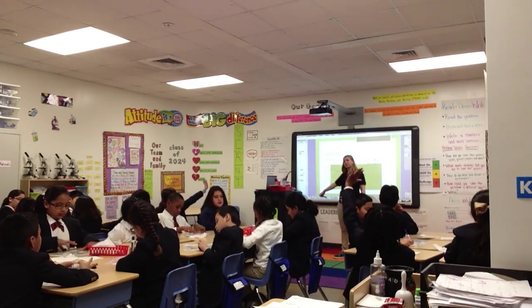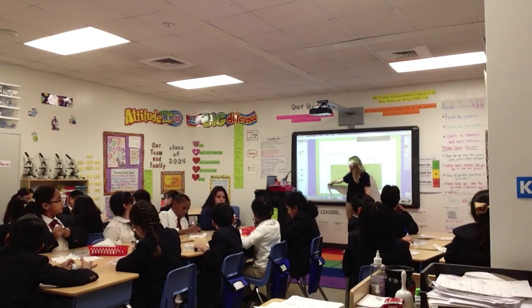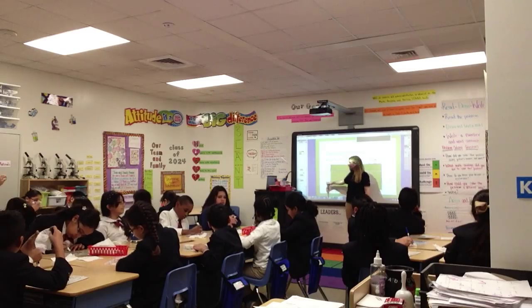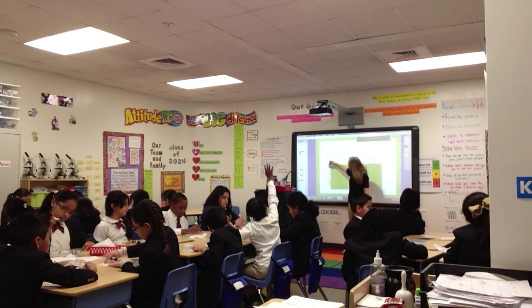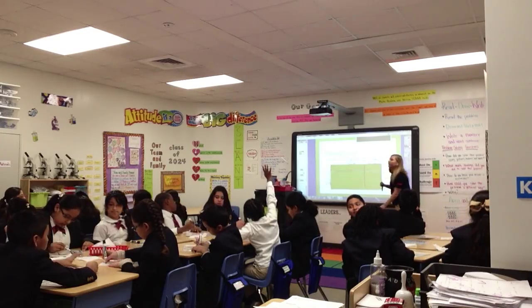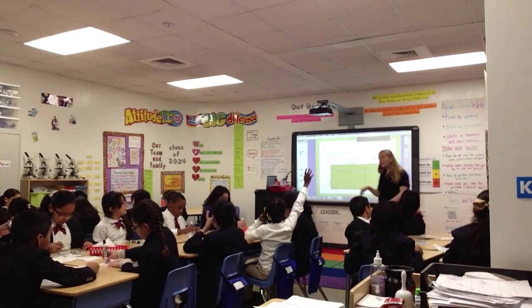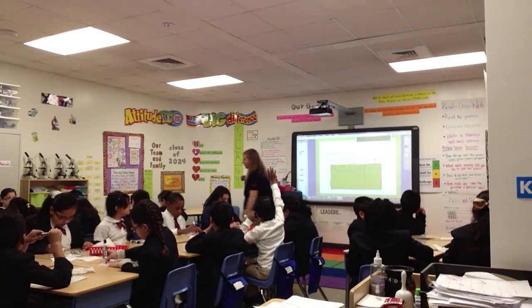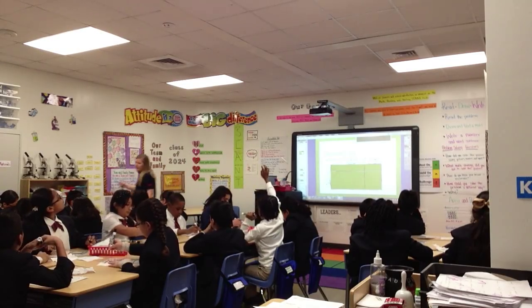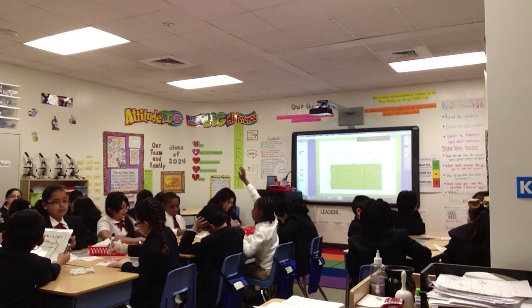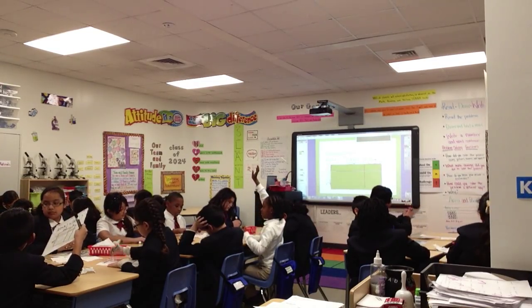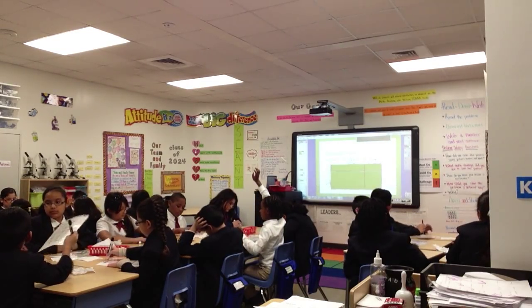Alberto, what number should I have right here? 1. If you don't have it this way, it's not wrong, but I want us to do this together, so can you switch it? In the future, you can write either number on either side, but we want our boxes to match.